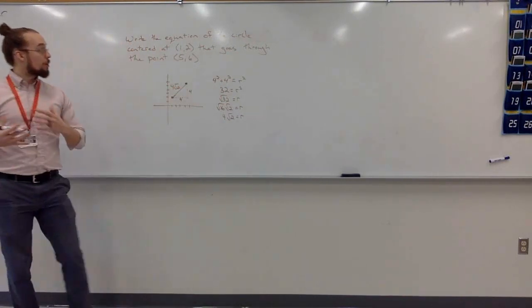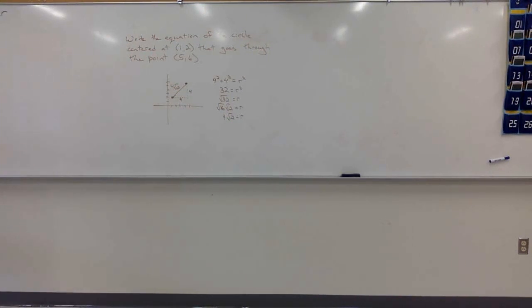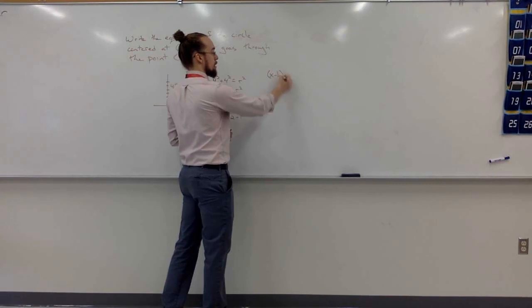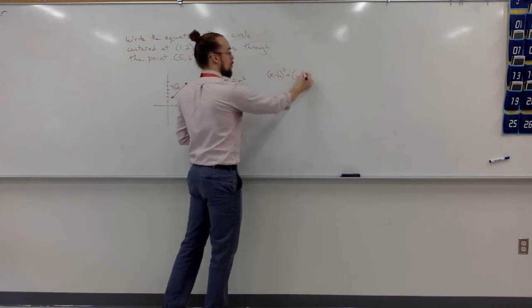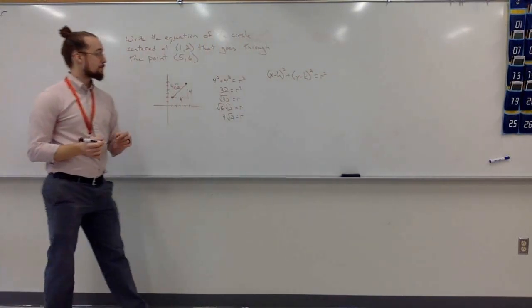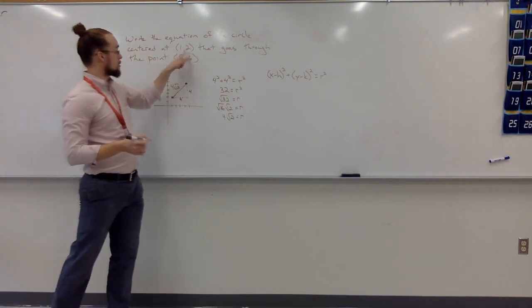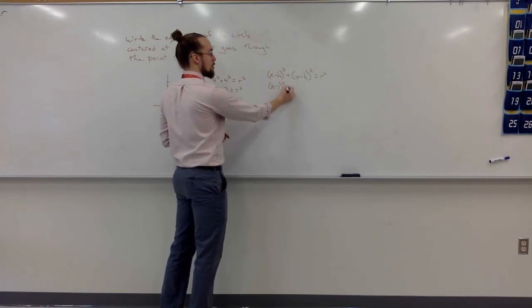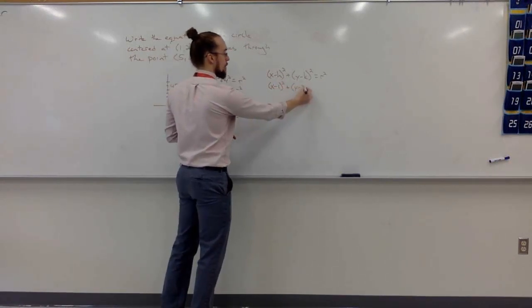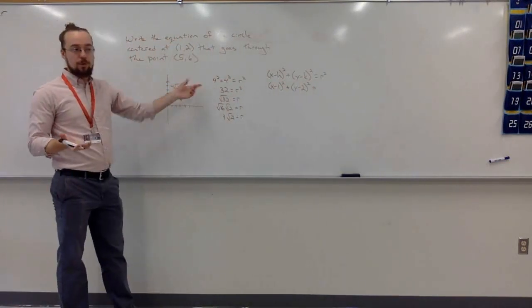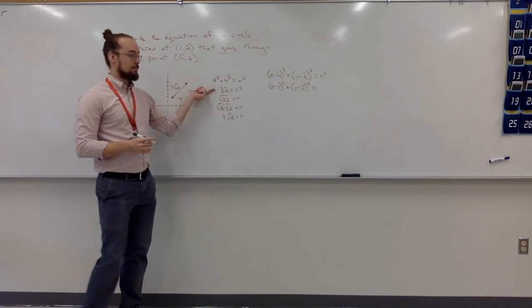So if I wanted to write the equation of this circle, thinking about x minus h squared plus y minus k squared equals r squared, my h and my k are my center, so 1 and 2. So this will be x minus 1 squared plus y minus 2 squared equals the square root of 32 squared, which is just 32.